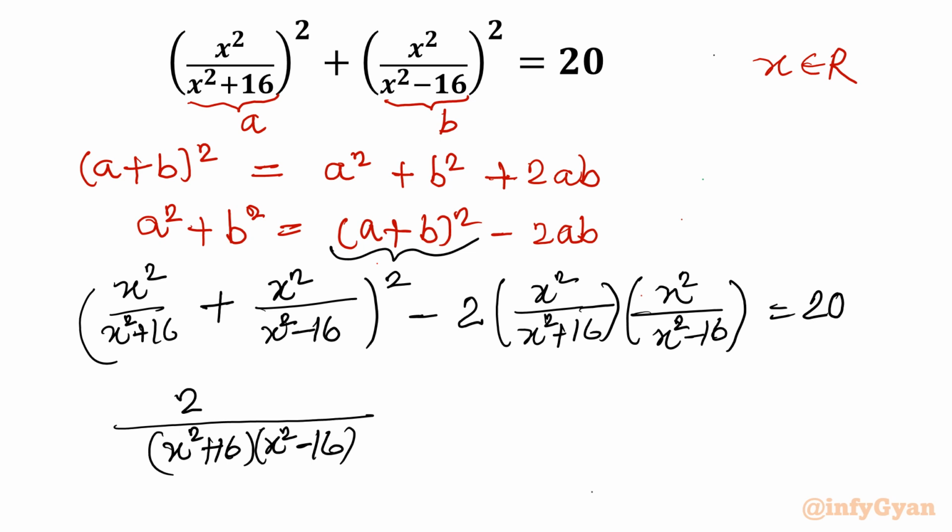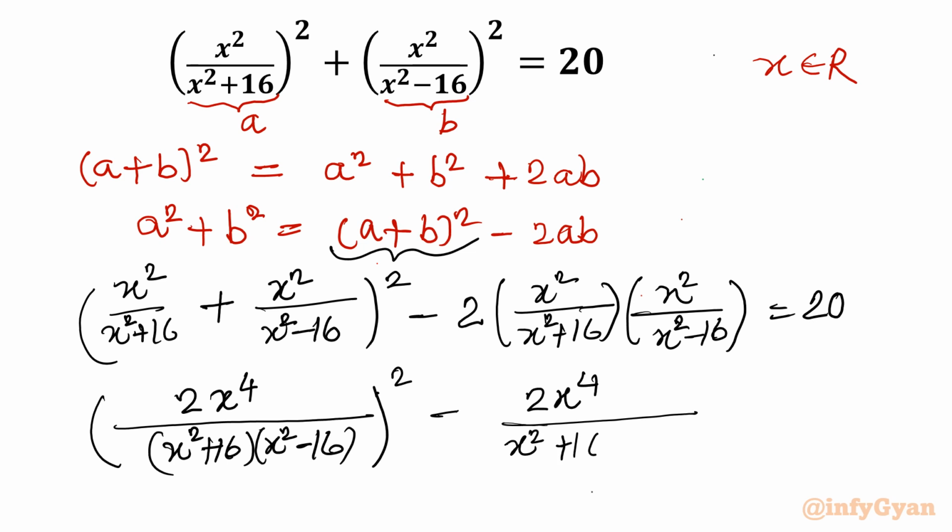So I will write directly 2x power 4, this whole square. Minus, just check this out, 2x power 4 over, again the same denominator, x square plus 16. In the next step, I will apply the difference of two squares formula, equal to 20.